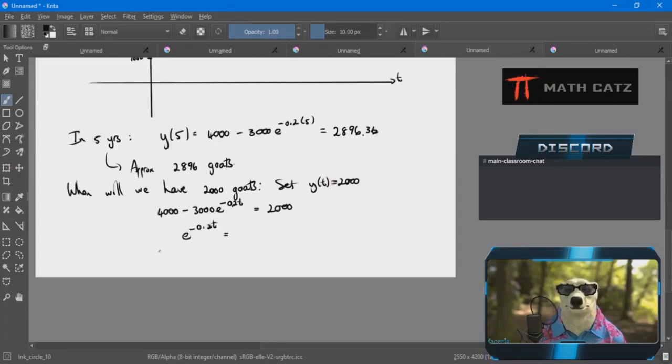Feel free to break it up into more steps and pause and think about it if you're watching this after the fact. I want to move this to the right, 2,000 to the left to get 2,000 over 3,000. I'm just running out of space here a little bit. So then I get negative 0.2 t equals log of 2/3. So t equals log of 2/3 over negative 0.2. Let's see what that is.